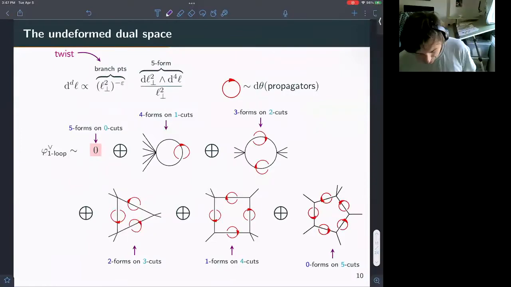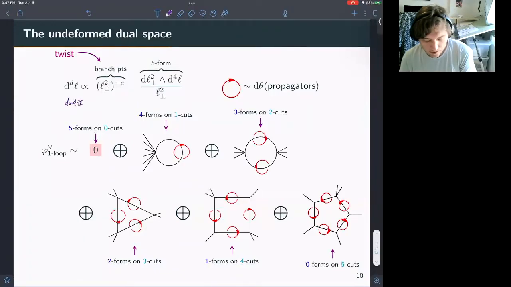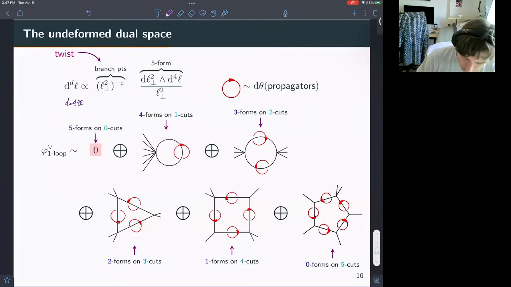I just want to give sort of an intuitive feel for what these dual forms look like. The first thing to note is that in this d-dimensional, or 4 minus 2 epsilon dimensional, integration measure, our forms are actually 5 forms, and essentially it's because we have this physical 4-dimensional loop momentum space.